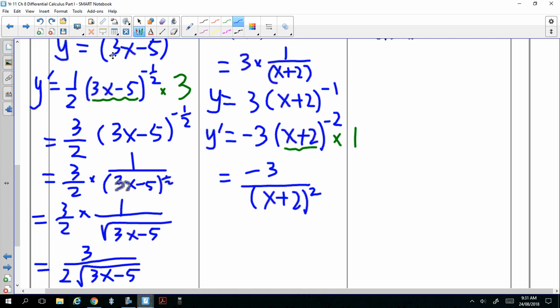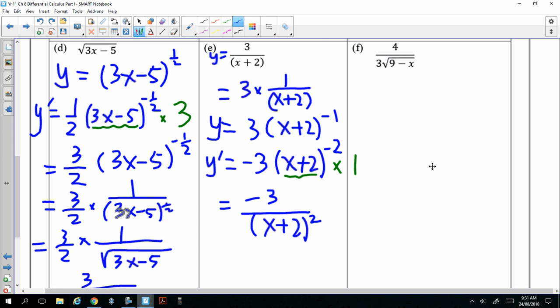Alright, try the next one. What did you do? Yeah, negative half. Yeah, so if you do it in one step, you just get this straight away. Yeah, but if it's at the bottom, if it's bracket means there's no power 1.